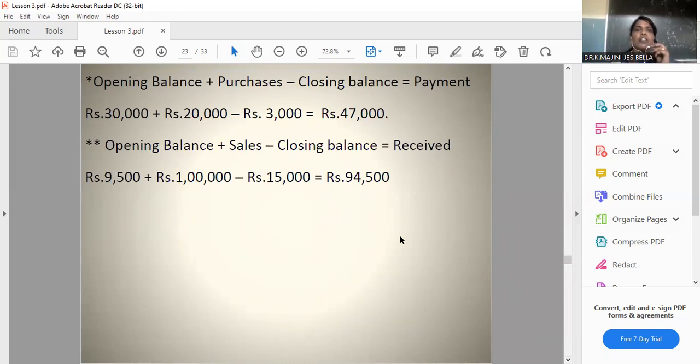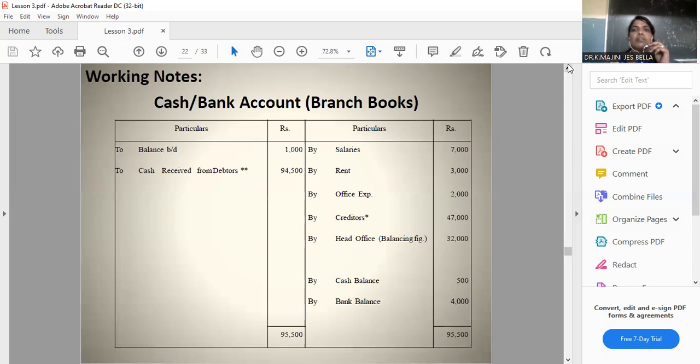So 30,000 plus purchases 20,000. We have to add the purchase with the opening balance, then subtract the closing balance. Closing balance 2,000. So we are subtracting that closing balance, 47,000. We have to write the creditors 47,000. Okay.